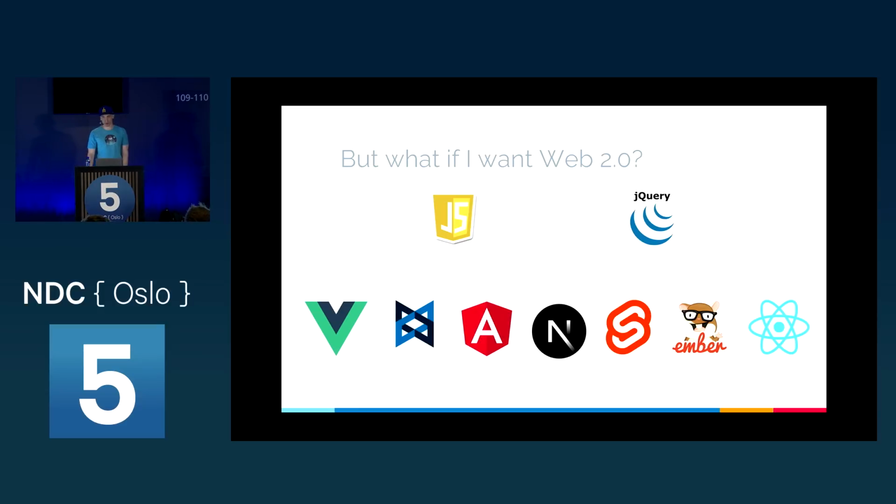Knockout.js is interesting because it was built by somebody named Steve Sanders. We'll talk about that individual in a second. So if you still want a Web 2.0 experience, you still have to use JavaScript, right? You still have to be in this constant state of hopping between server-side rendered solutions or building APIs in .NET and then having to open up something else, because the Visual Studio tooling at the time was opportunistic.